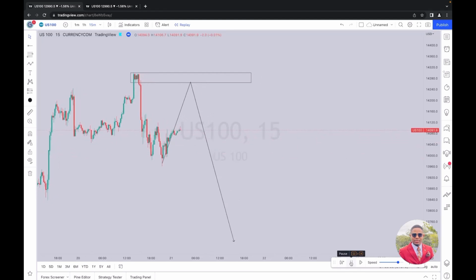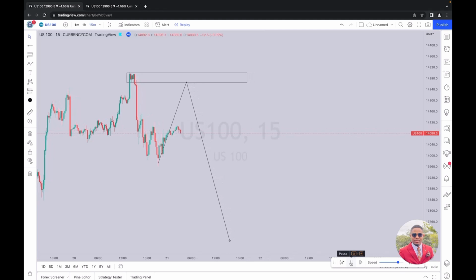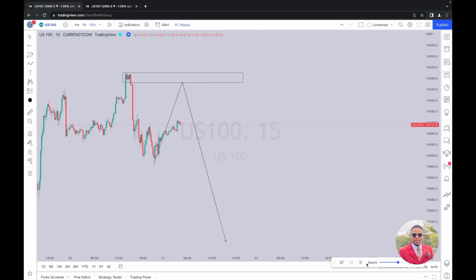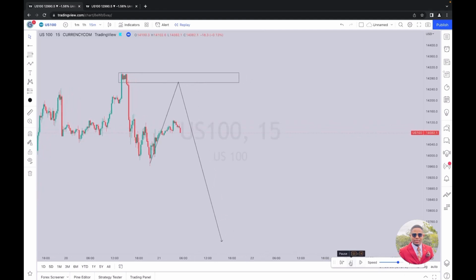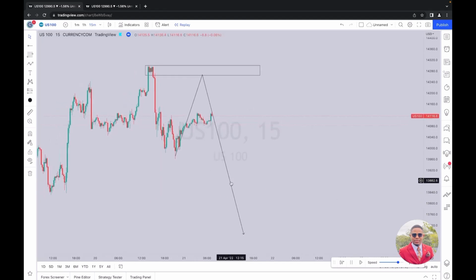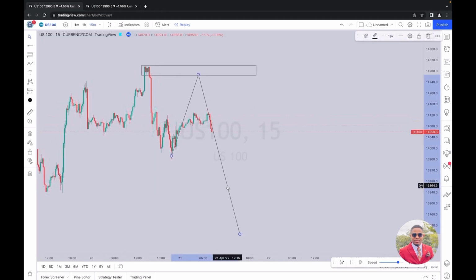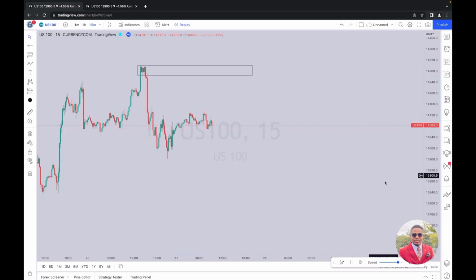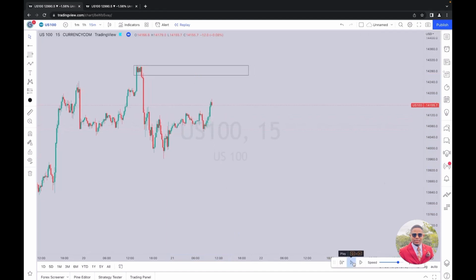It has not yet touched the OB. It's going up. We need to have patience and wait for it to get to the OB.